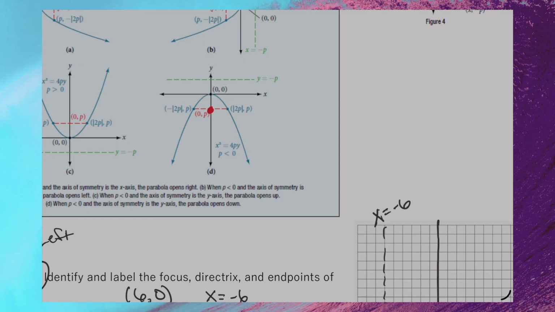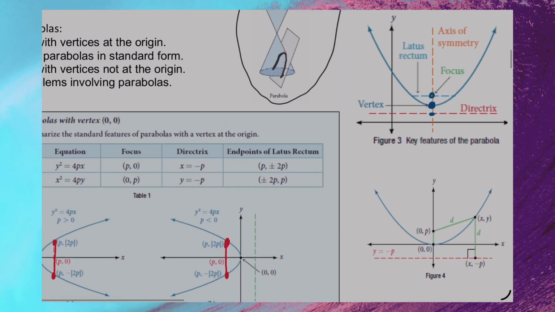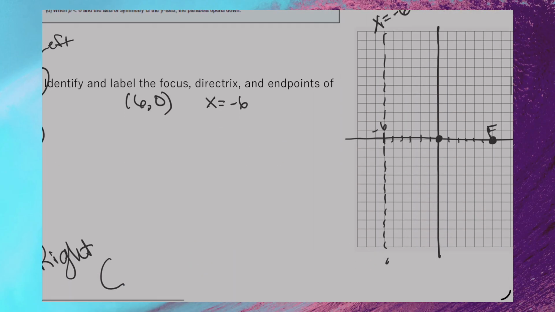It's parallel to the directrix line, and the endpoints of it land on the parabola, so they are points on the parabola. If you look here, this is your latus rectum, right there and right here, and up here they had it in blue.